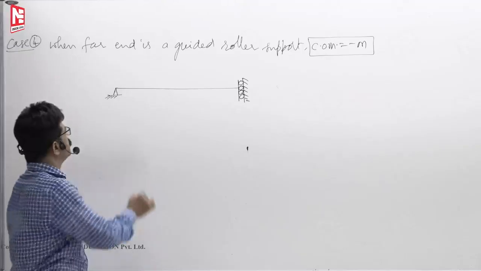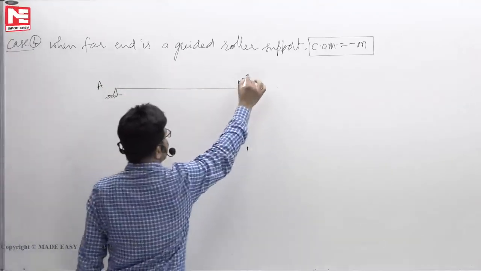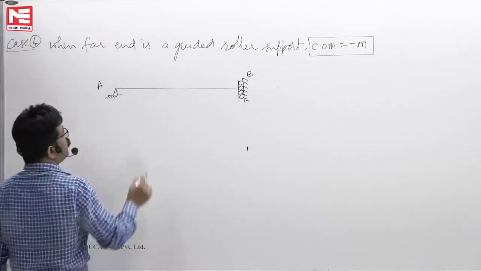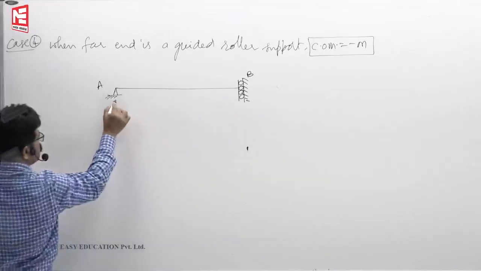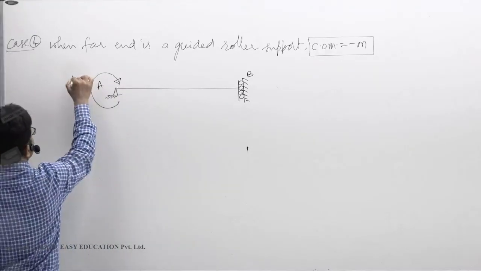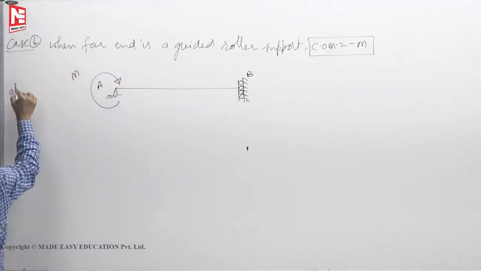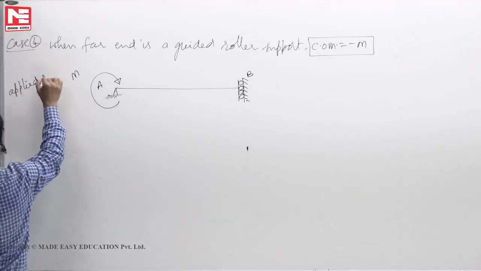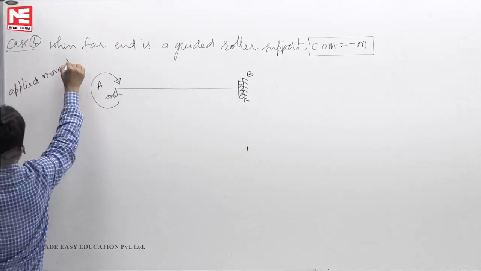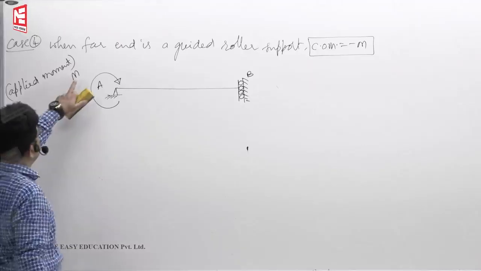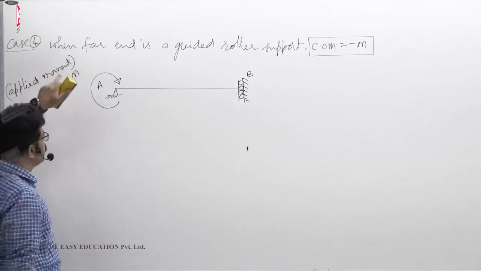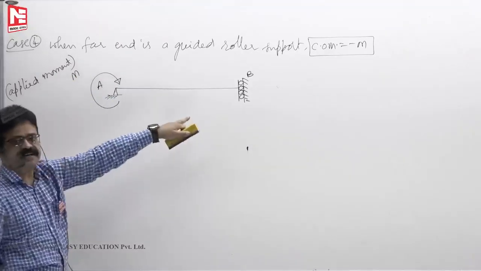This point let us say A, B. When the far end is a guided roller support, you are applying a moment here. This is M. Now for you that is the guided far end.